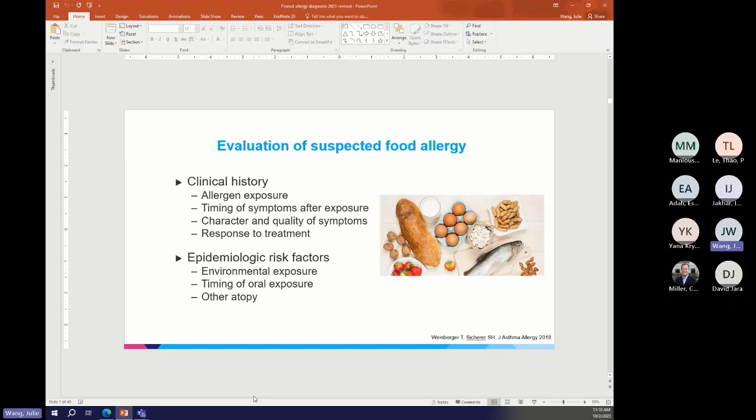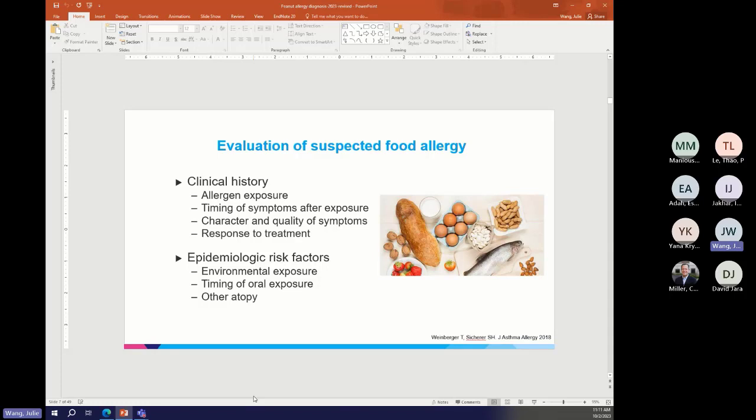We also need to consider epidemiologic risk factors as we're considering whether a person's adverse reaction surrounding ingestion of a food would likely be a food allergy versus another adverse response of the body to a food. So things to consider include environmental exposures, timing of prior oral exposures, as well as other atopic conditions.